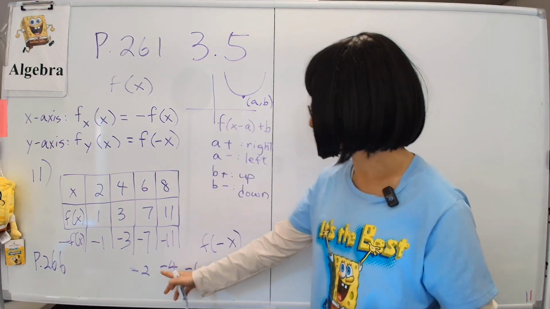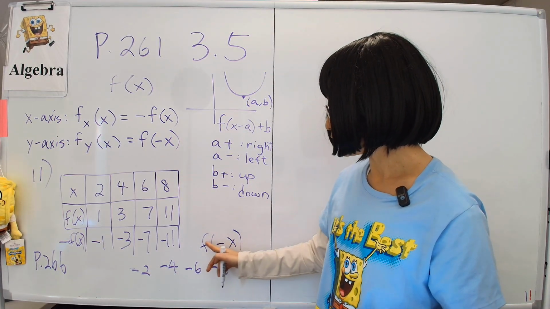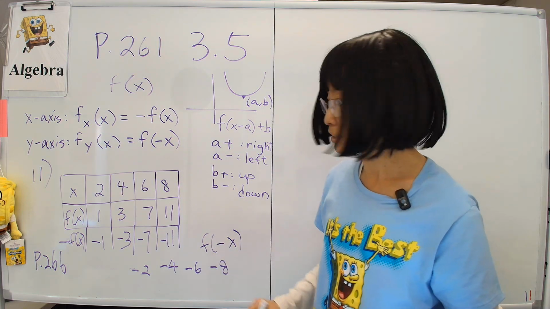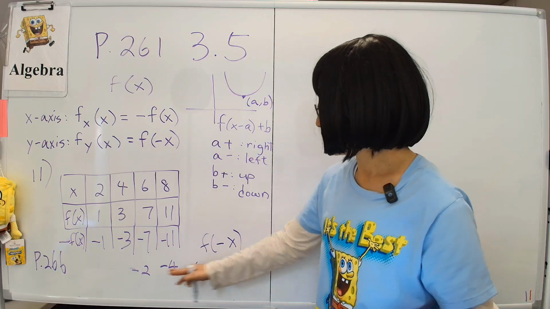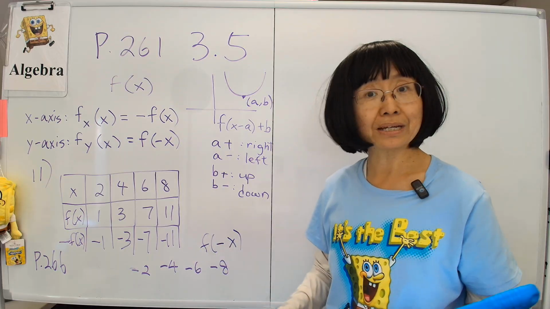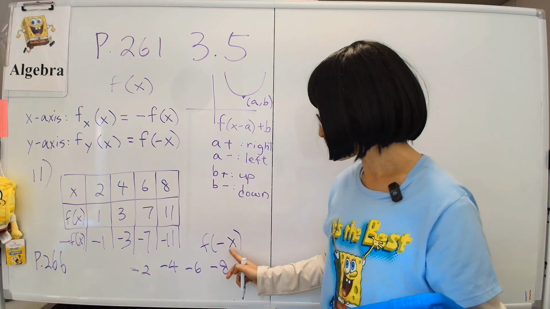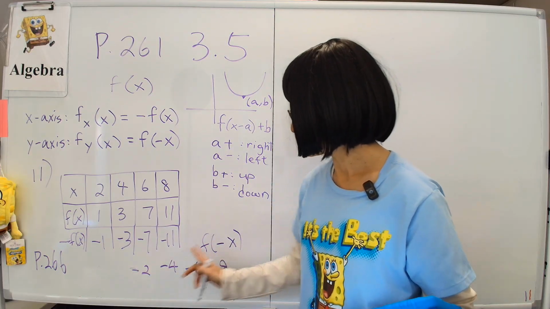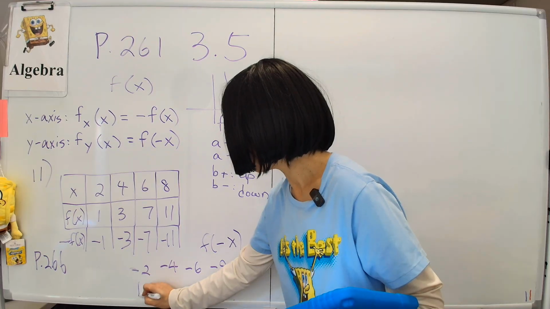Because if we put negative 2 in this value, it becomes positive, and we do know what f of positive 2 is. So f of negative x will work on negative 2 because that's f of positive 2, which is 1, as we know. So the answer to this is 1.